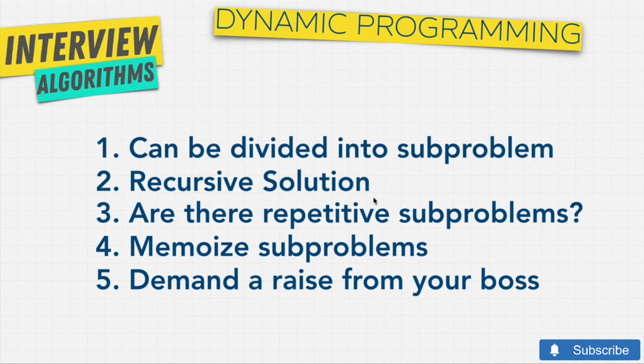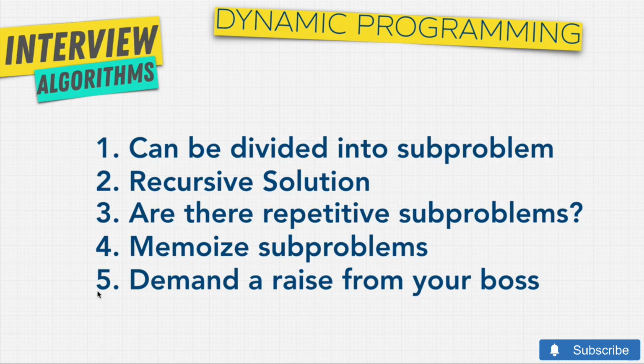And now the third question is really important because you can have tree-like structures that don't have repetitive subproblems. But if these subproblems are repetitive, that is, we're doing the same calculation over and over in these subproblems, well, if the answer is yes, then we can memoize these subproblems. And once we do that, we see tremendous benefits. And these benefits are used all over computer science to improve performance.